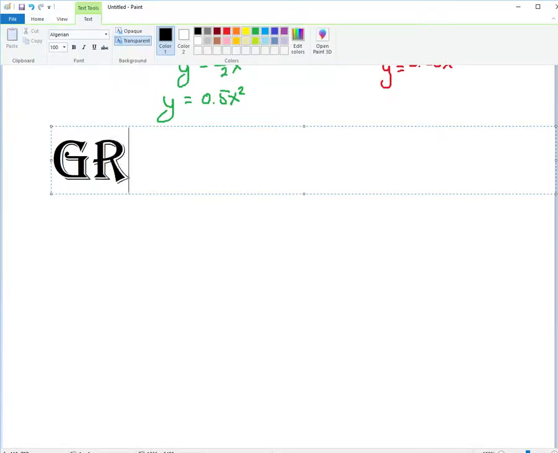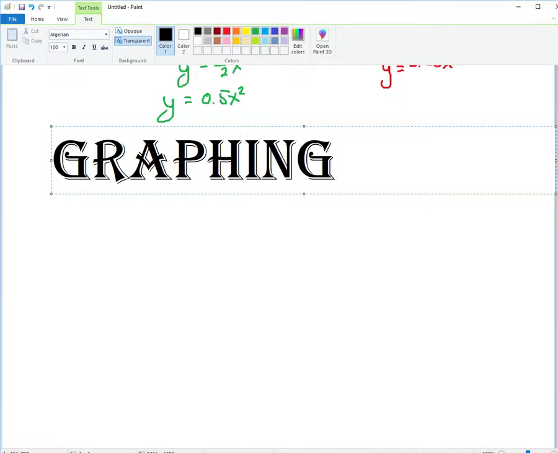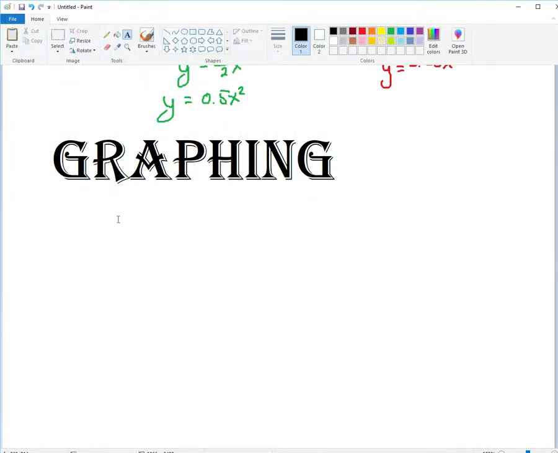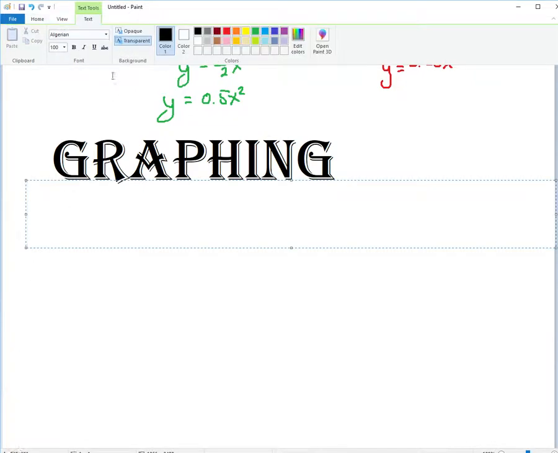So graphing. All right. When we are graphing a parabola, based on what we are given, there are 3 steps that we want to do. That's way too big. Let's shrink it down to 20. Step number 1 is, if you have it, you are going to plot the vertex and the focal point.